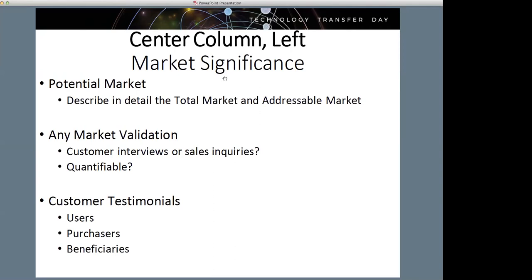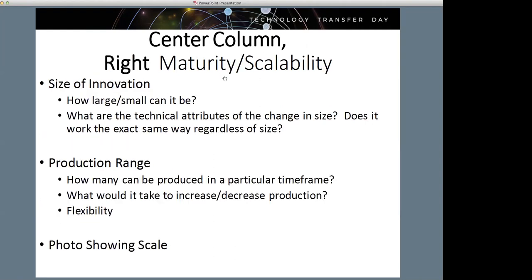If you can have customer testimonials from users or purchasers or any of the beneficiaries, would be a great place to add it. Again, this is an extra area for you to really demonstrate your success and your value to your identified customer set. So if you need any help with this stuff, let me or Josh know, since it's new.